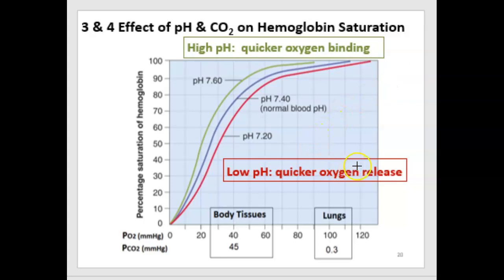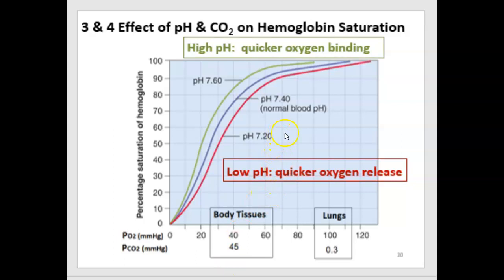Let's look at pH, and you see that at high pHs, there's quicker oxygen binding. There's not as much hydrogen around, and so you get a steeper curve. You reach a higher percentage at lower PO2s. It's not a big difference, but it's some difference.